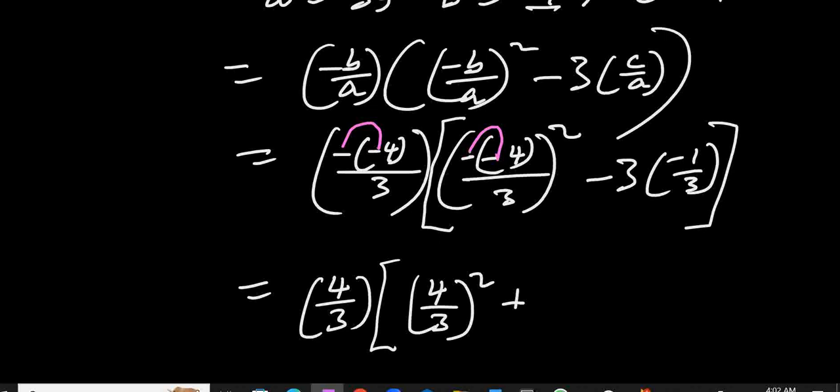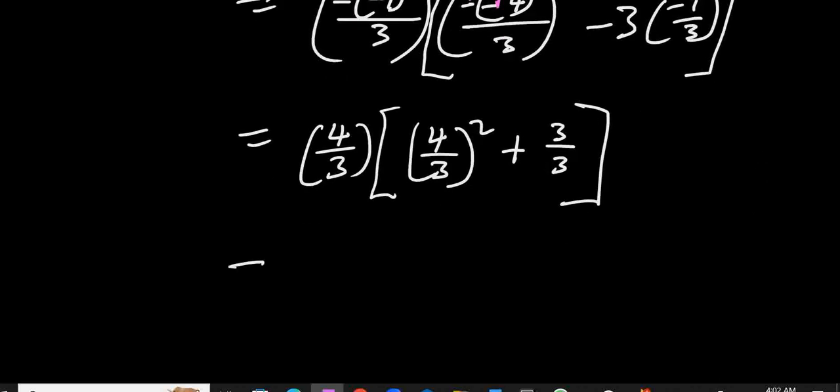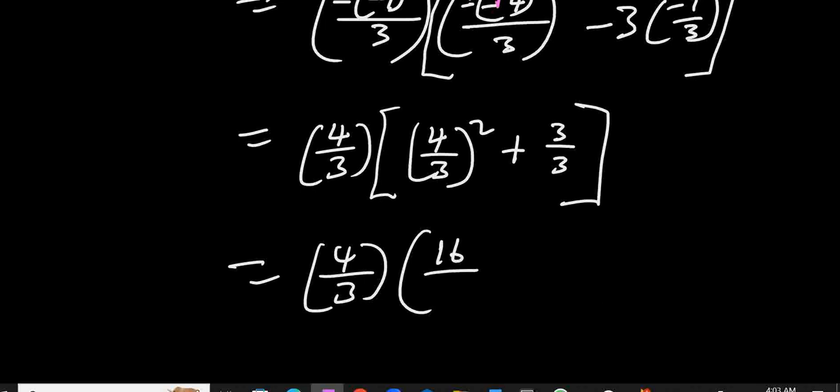That simply gives us positive 3 over 3. And this will become 4 over 3. 4 squared is 16, so we have 16. 3 squared is 9, plus 3 over 3.